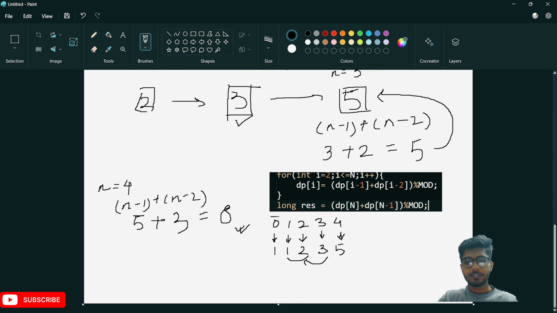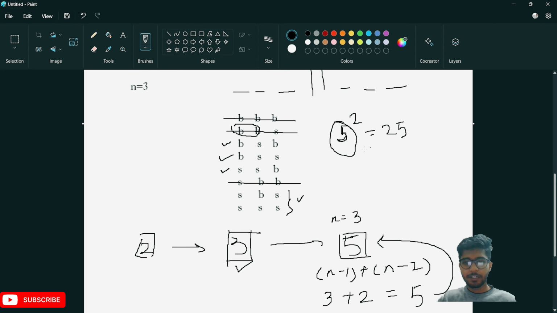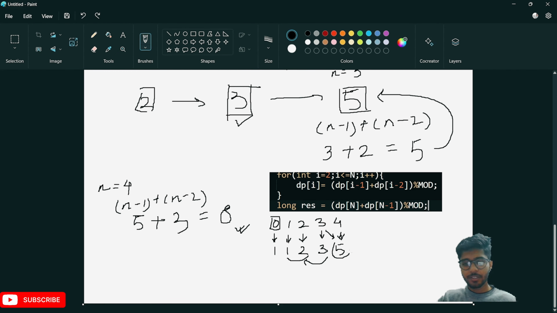Now as we are following zero based indexing, all the values are stored in the next indexes, because for n equals 3 we have calculated that we got 5 ways on each side, so it is stored in the next index. In the same way, for i equals 2 or n equals 2, the number of ways was calculated as 3. It is also stored in the next index.